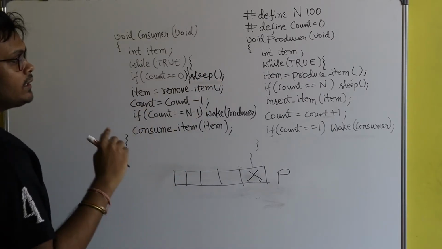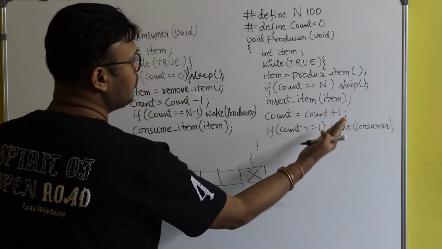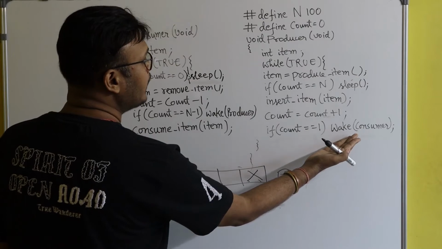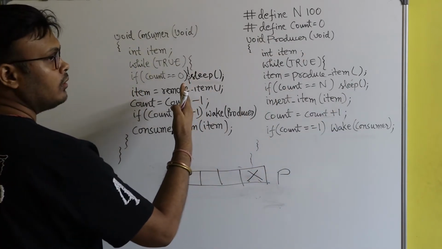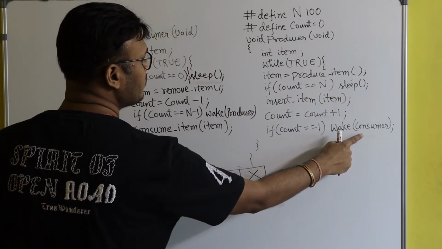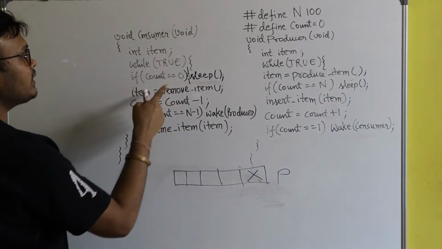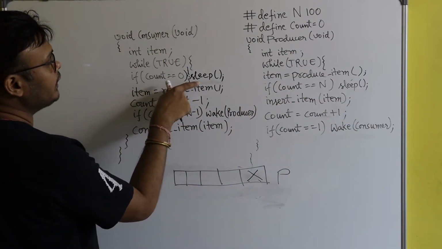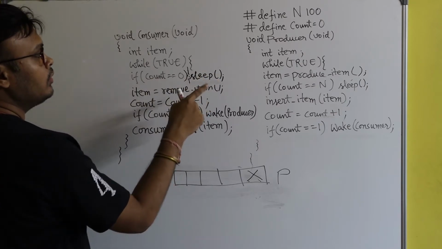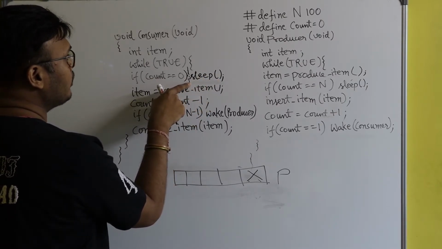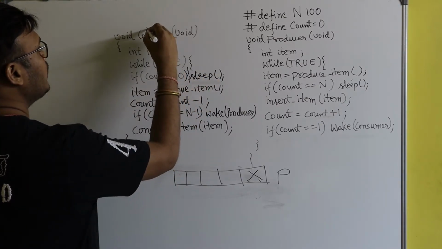Okay, so here you can see from the producer side, the producer is trying to wake the consumer by invoking the wake consumer system call, and from the consumer side, the consumer is invoking this sleep system call. So if the consumer is invoking this sleep system call, then definitely the consumer will sleep.